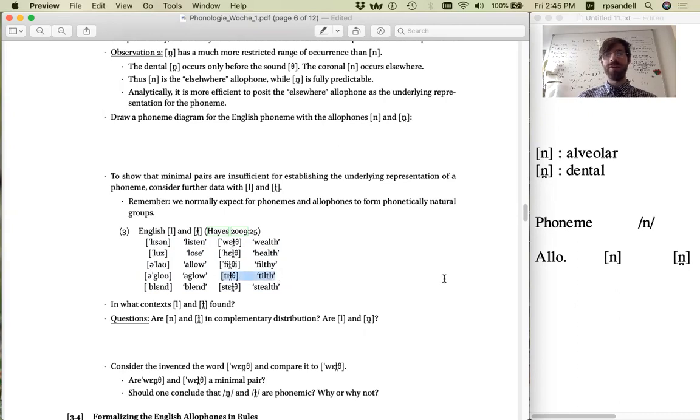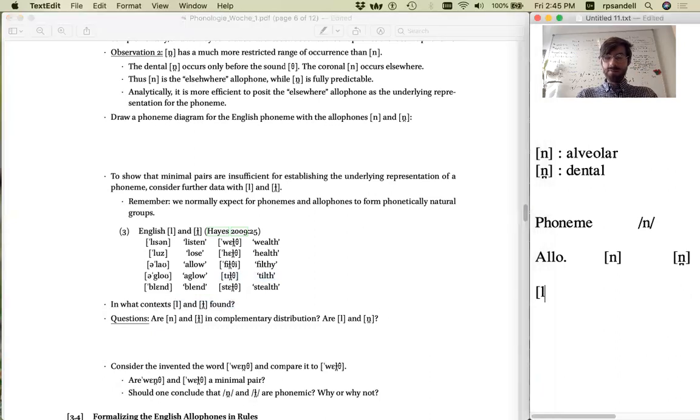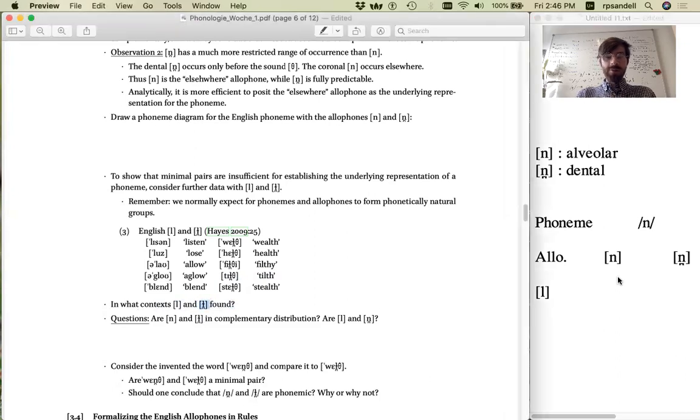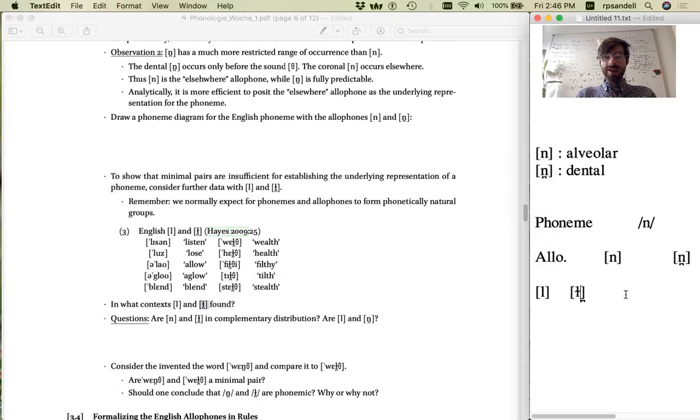Tilth is probably not a very familiar word to many people, but for present purposes, it illustrates what's going on here. So again, let's look at the environments in which we find these two sounds, the regular alveolar liquid and the dark L with the tongue body against the velum, but the tip of the tongue at a dental place of articulation.